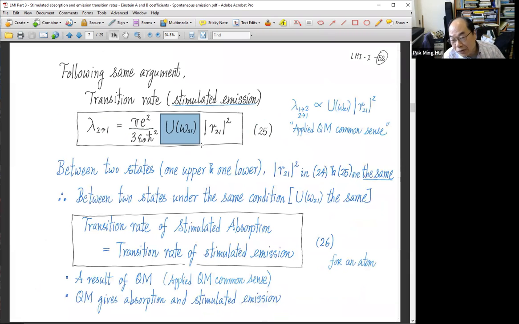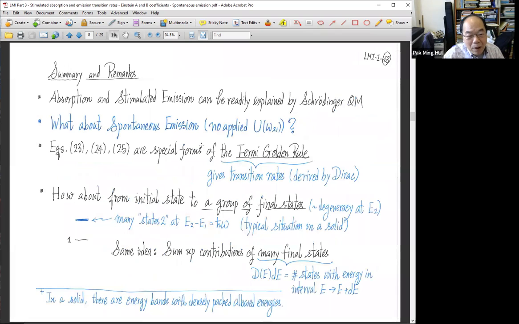If we set this to 0, then it says there's no spontaneous emission. And that's true within Schrödinger quantum mechanics. An eigenstate, if you don't stimulate it, will not come down, because it's an energy eigenstate. So the problem about spontaneous emission requires further consideration.